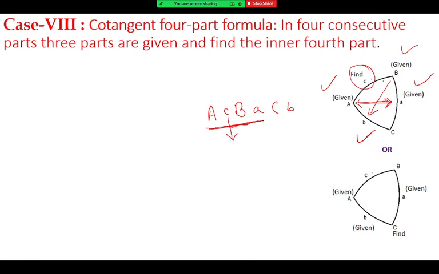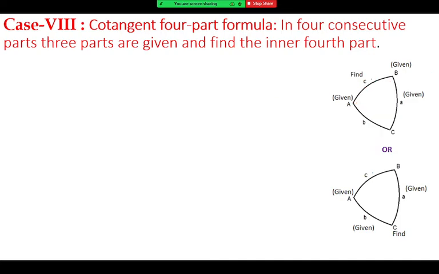From capital B you can get small b, and after that, small c and capital C both are unknown to us, so you can use the cosine rule. So that way you can proceed. So multiple ways are there to solve the problem, but the answers are unique. We'll come to that part also, how the answers are unique.